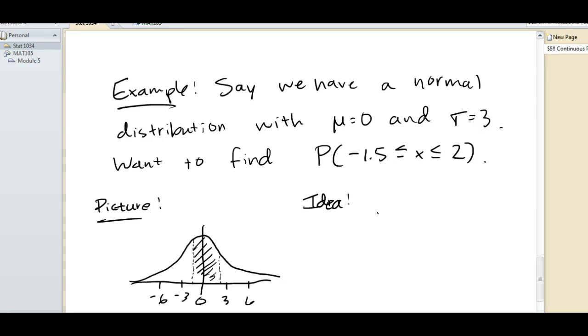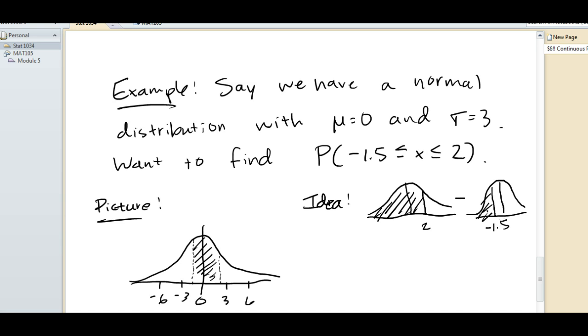We're going to do the probability up to 2, and we're going to take away the probability that was up to 1.5.